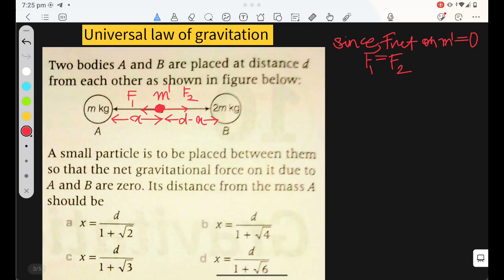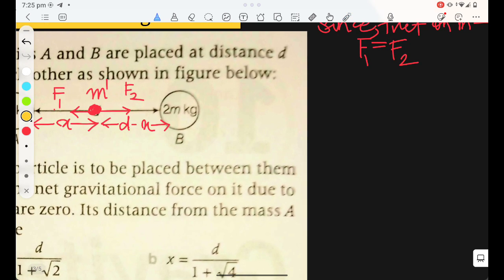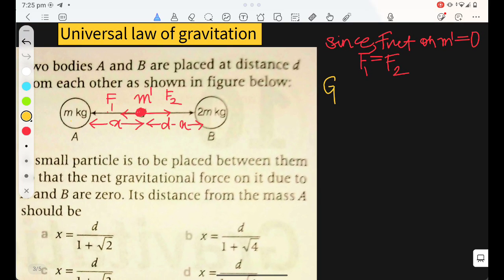Now what is this F1? F1 is the gravitational force between this mass m and this mass m dash. So using the law of gravitation, it must be G times the first mass m, times the second mass m dash, divided by the distance x square.